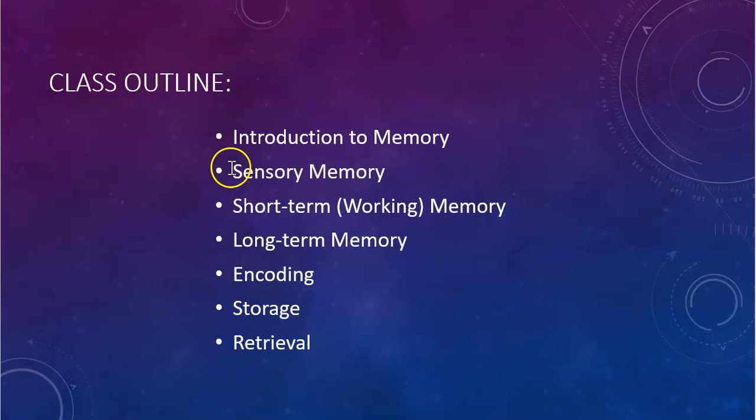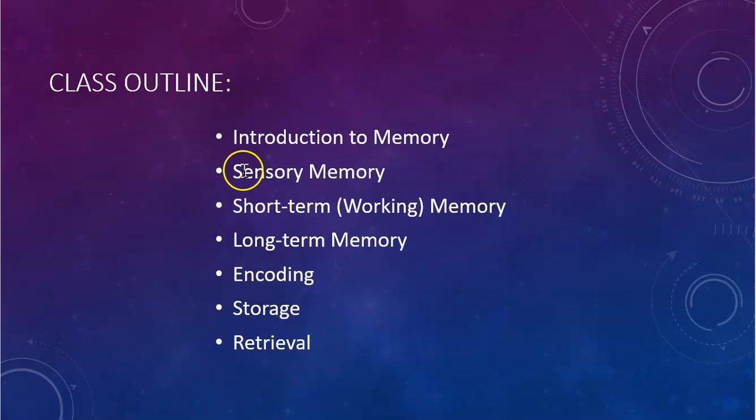These are sensory memory, short-term memory, and long-term memory. Then we've got the three steps of memory that we're going to talk about later. So just keep in mind if you are following along in the textbook that we're going to do things a little out of order. But again, all this information is still in your textbook.